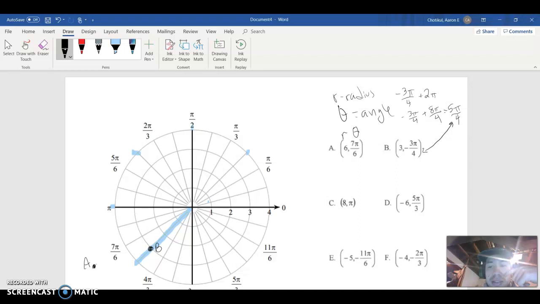Let's look at letter D. I'm going to change letter D to -3, so we have something a little bit easier to use. Let me zoom in here as well.